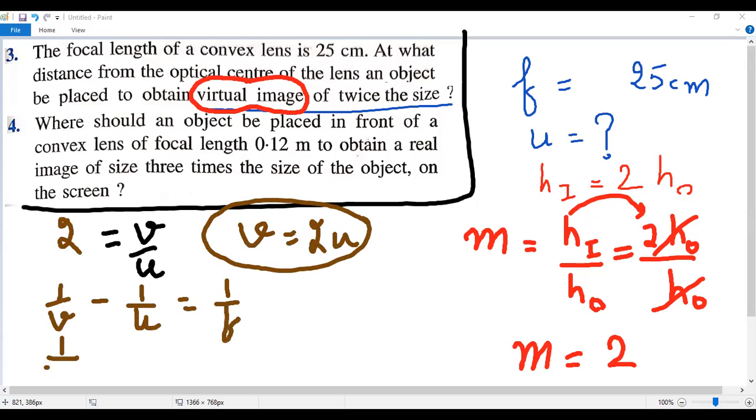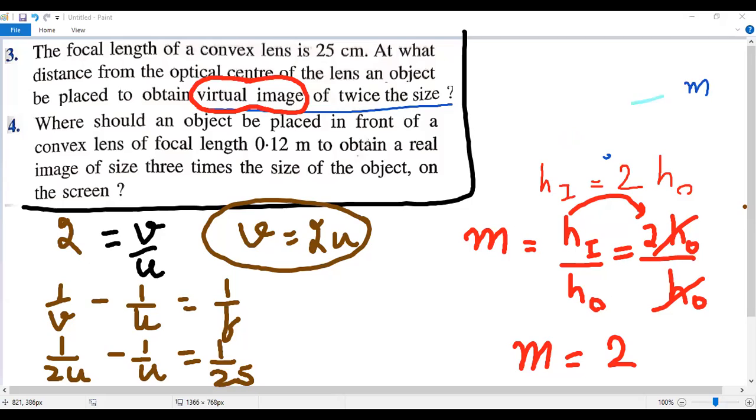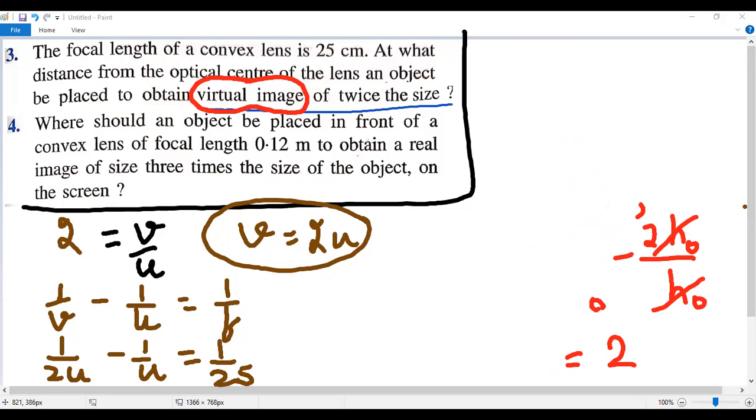So 1 by 2u minus 1 by u is equal to 1 upon 25. From here, you have to find the value of u. Even you can find the value of v also.